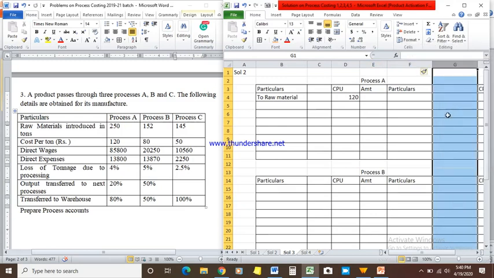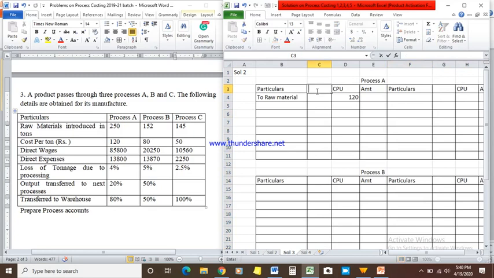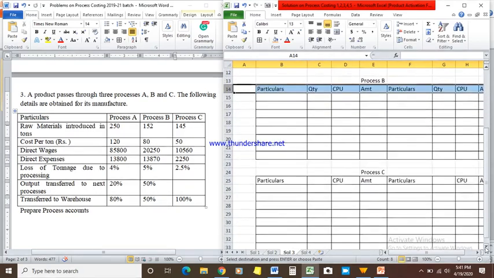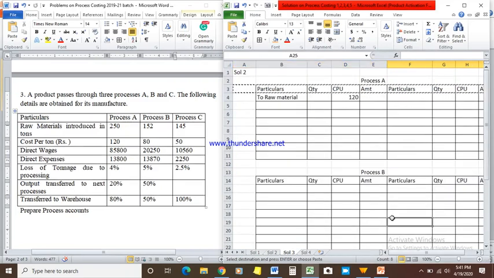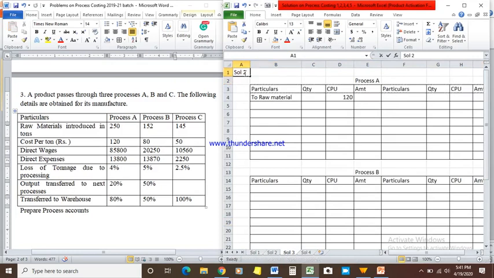So the quantity column is also given, so I will insert one additional column on both sides and write here quantity. So this is the third problem we are solving.